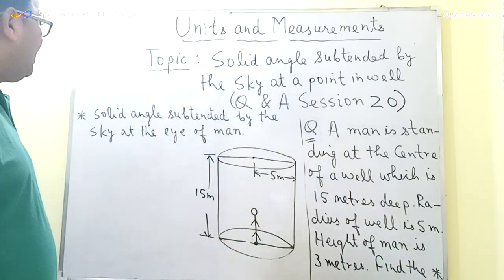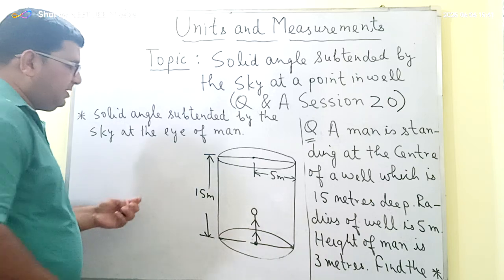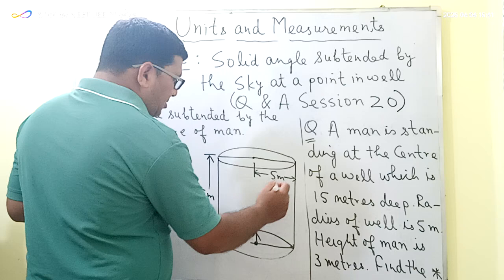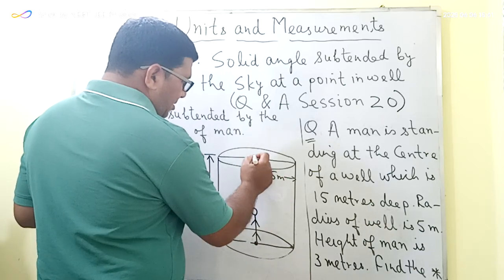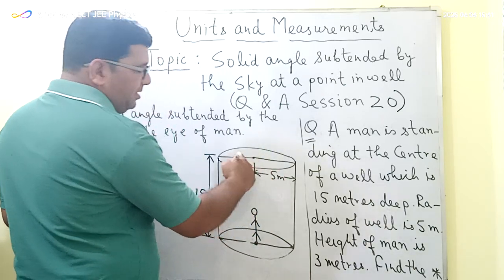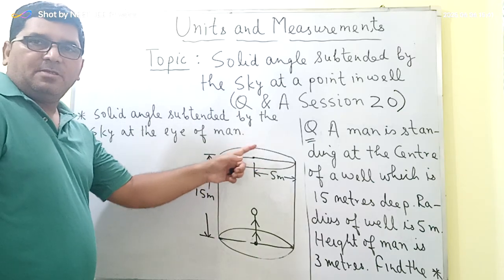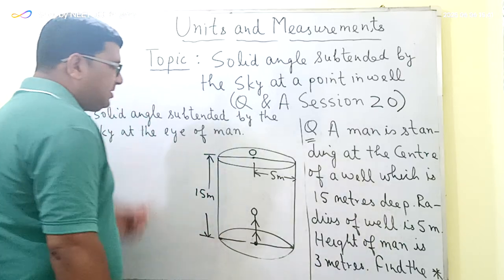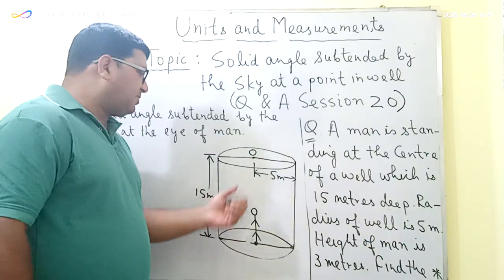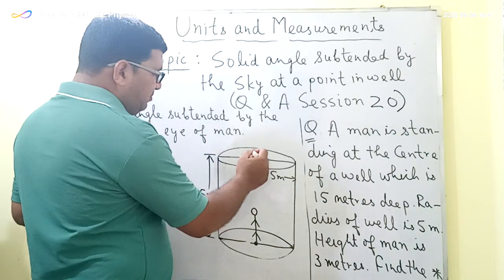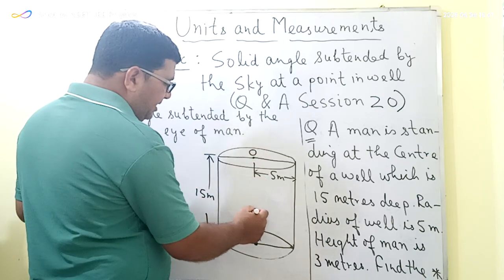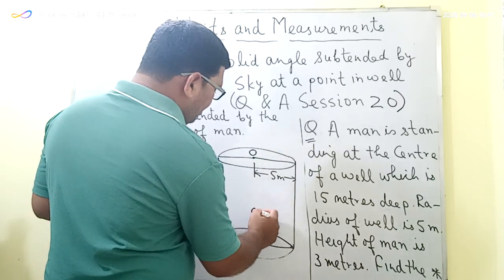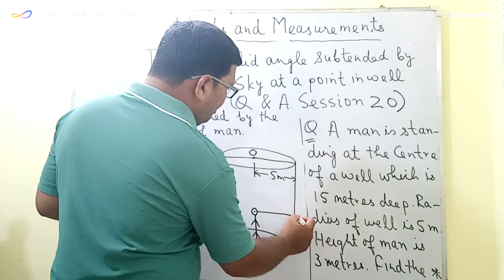So we have to find the solid angle subtended by the sky at the eye of the man. So this is the man here. Now the height of the man is 3 meters. The distance between the center of the top surface of the well, this is a point O, which is circular in shape, and the eye of this man will be equal to 12 meters.